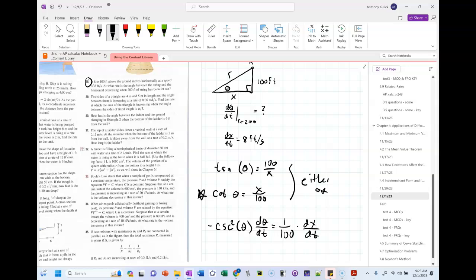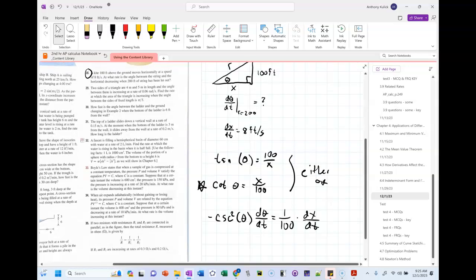Okay. Because the 100 is a constant. You could use the quotient rule if you wanted to, but it's like killing an ant with a sledgehammer, a little bit of overkill. Okay.